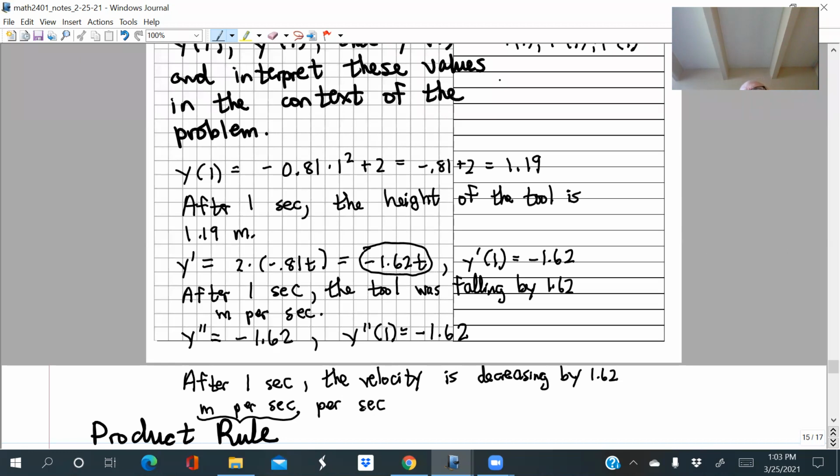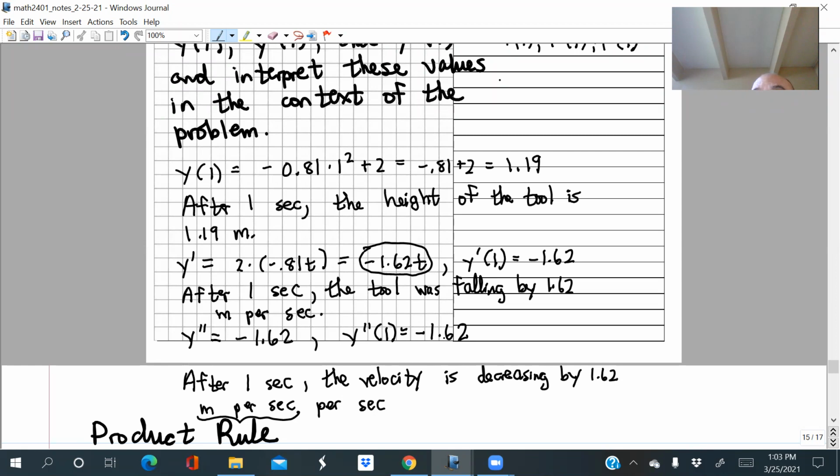Wow, so what is that? When you say velocity is decreasing, you're often thinking of something slowing down. But in this case, the tool is not really slowing down, okay? Right, Lance? The tool is not slowing down. It's actually dropping faster, okay?